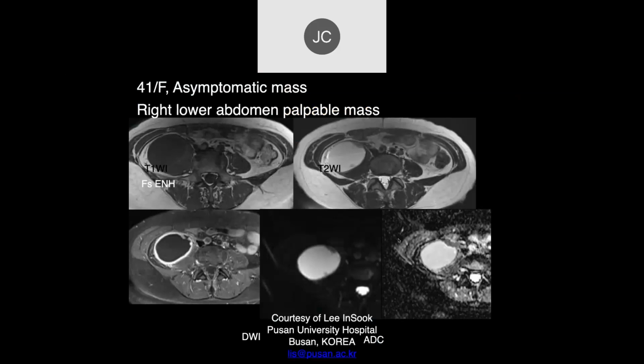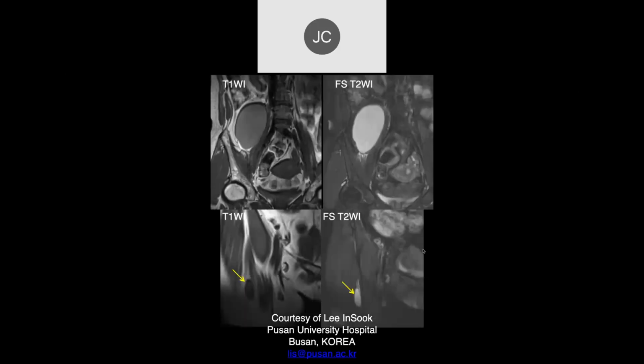All right. Asymptomatic palpable abdominal mass, right? There's this large fluid collection. It looks like it's coming off of the right psoas muscle with rim enhancement. See it in other planes.